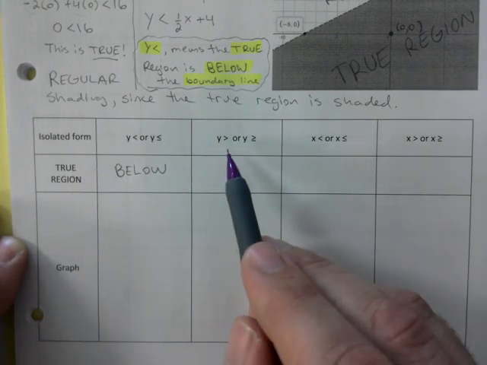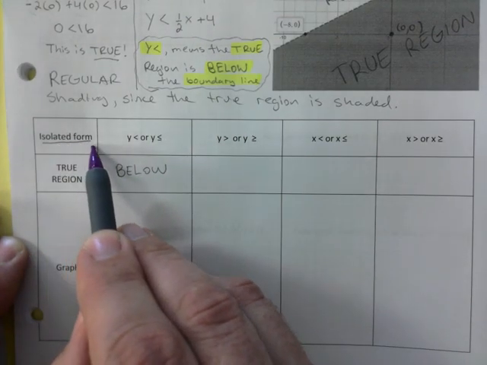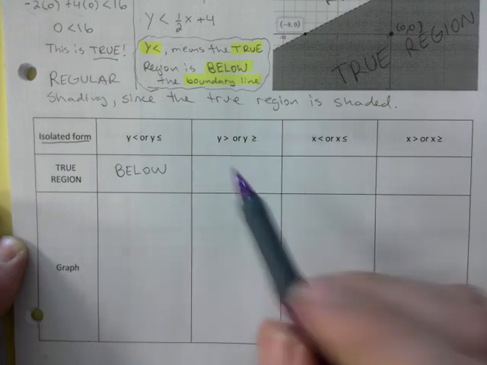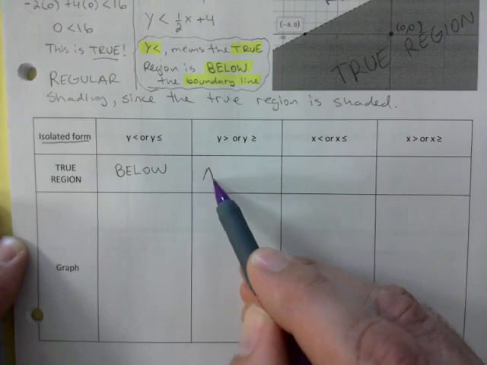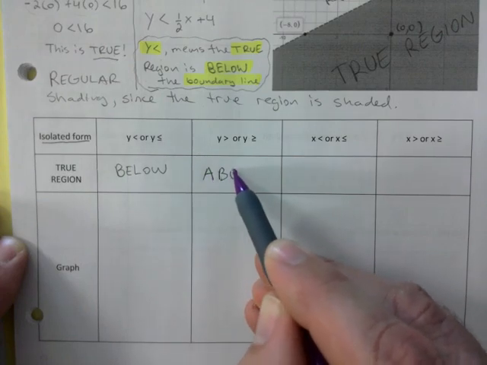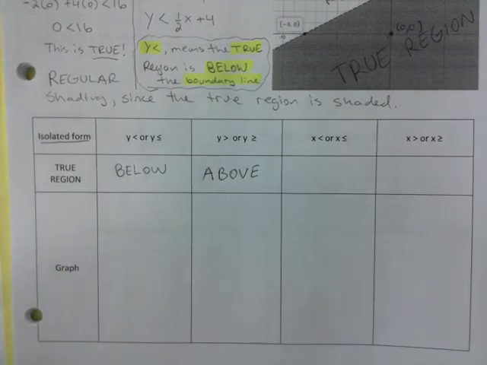If you rewrite, if you isolate, that's important, and you get y is greater than or y is greater than or equal to, the true region is above. I will highlight true region because it's so important.